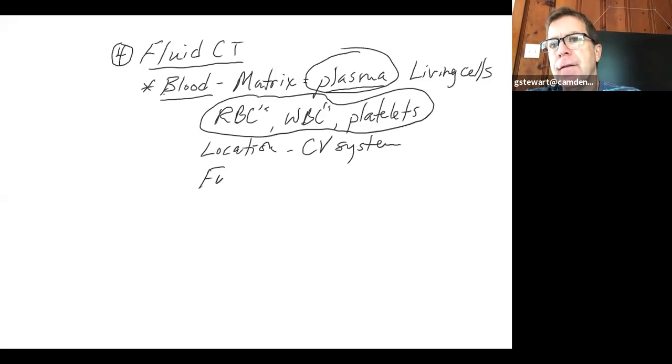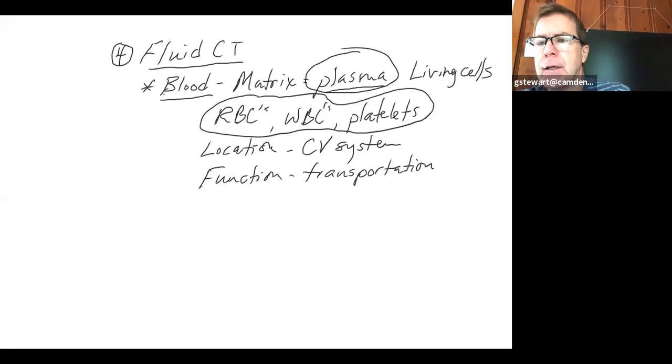Main function of this fluid connective tissue is transportation. Blood is a transport medium, that's what it is. It transports gases like oxygen, CO2, nutrients, waste products, metabolites, hormones. So its main function is transportation.